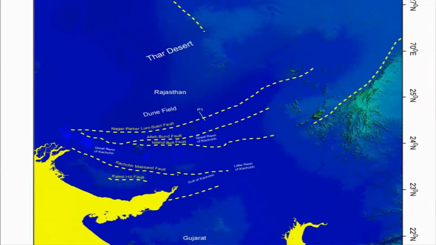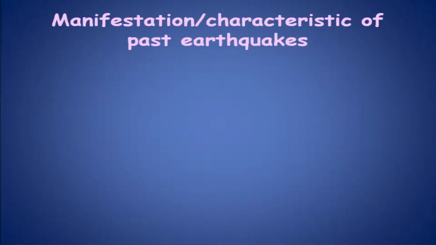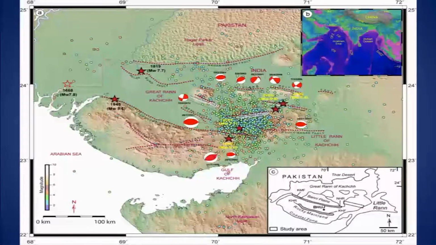Now coming back to this again, what we found was that there are a number of active faults in this region, and one of these faults may be responsible for the damage to Dholavira. So after the 2001 Bhuj earthquake, we concentrated on this area and tried to look at the activity of faults here.